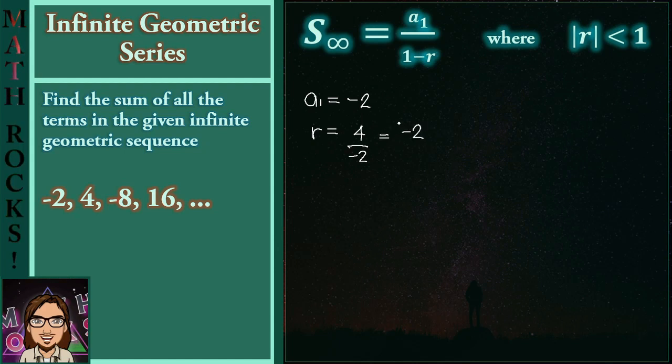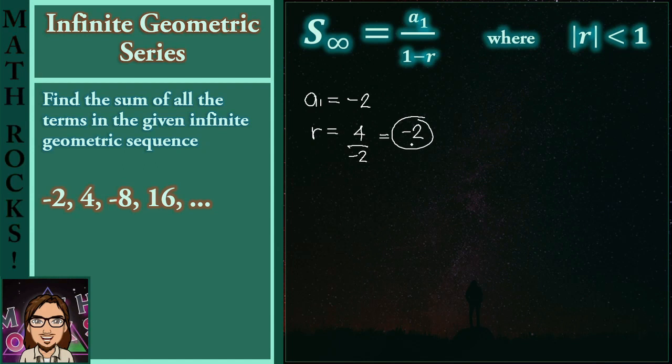Before we actually start with the substitution process, let us try to make an inspection first with regards to this value of the common ratio, which happens to be equal to -2. So the condition for us to apply such formula for the sum of the infinite terms in a geometric sequence is that the absolute value of r should be less than 1.